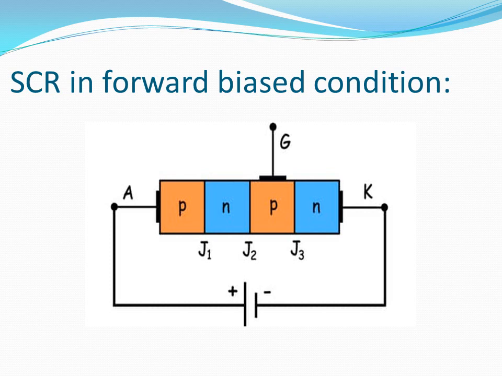Here we can see that junction J1 and junction J3 are forward biased, whereas junction J2 is reverse biased. So J1, J3 are forward biased and J2 is reverse biased.